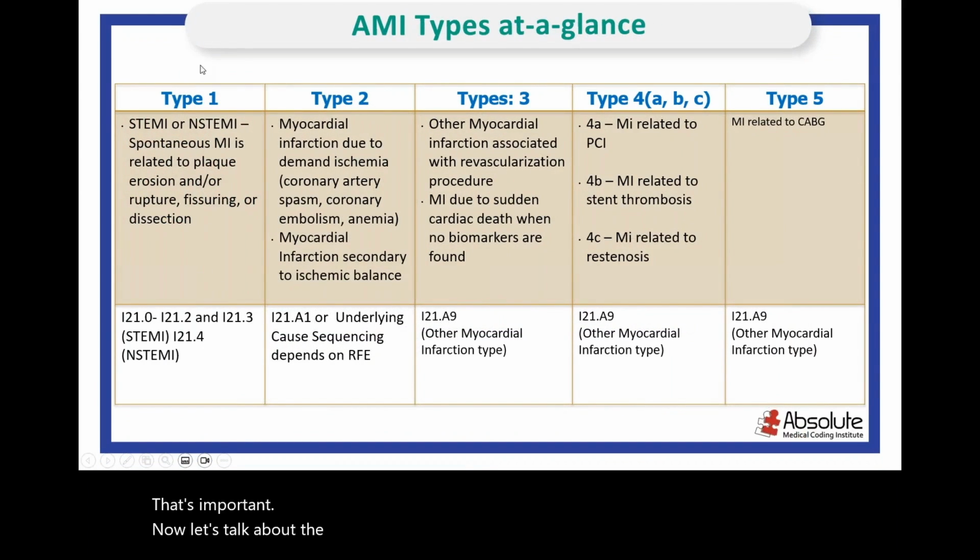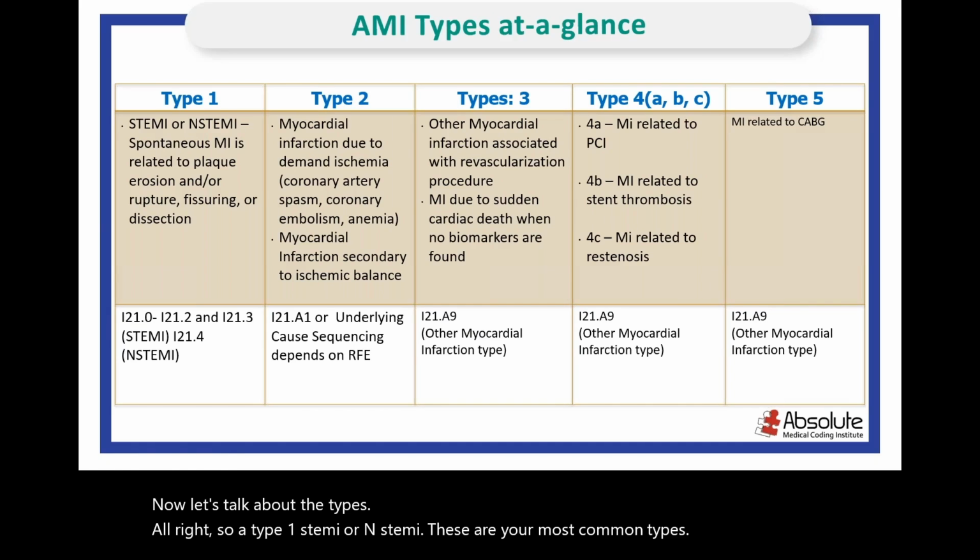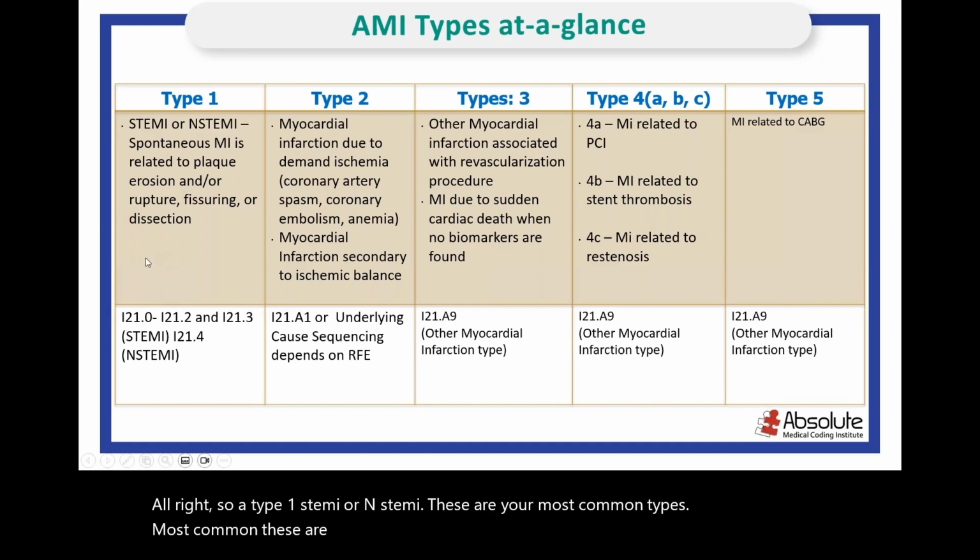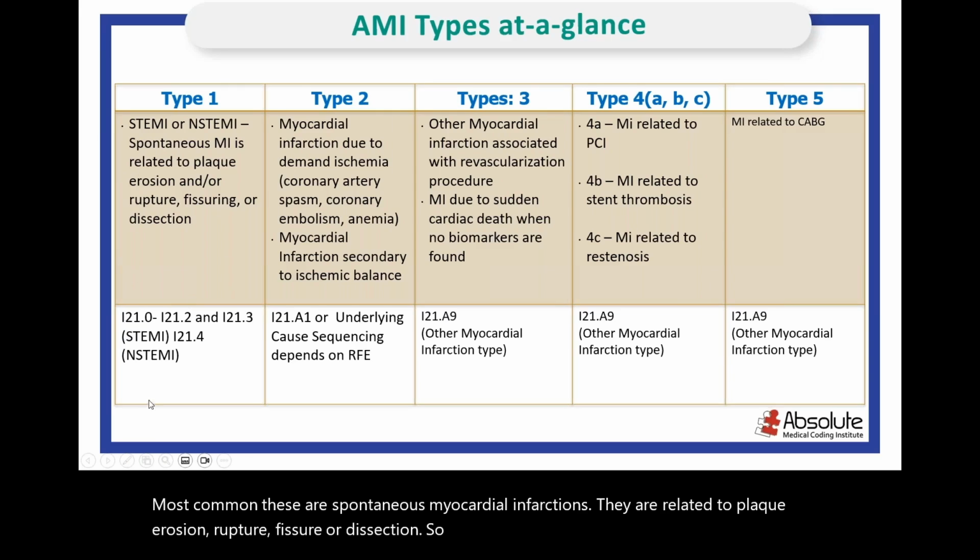All right. So a type 1 STEMI or NSTEMI, these are your most common types. These are spontaneous myocardial infarctions. They are related to plaque erosion, rupture, fissure, or dissection. So these are the most common.